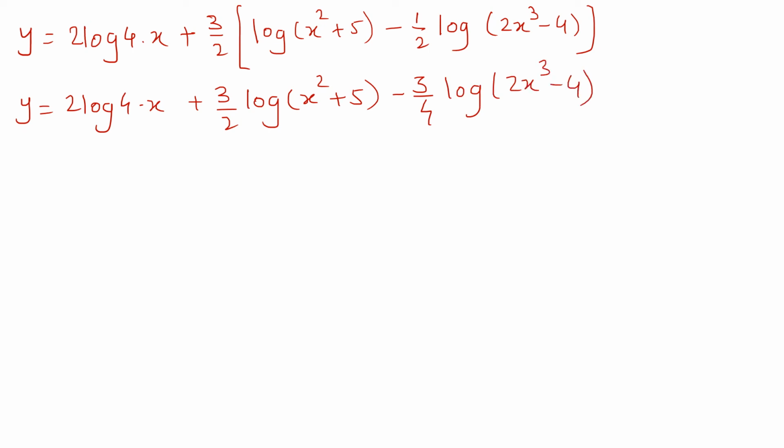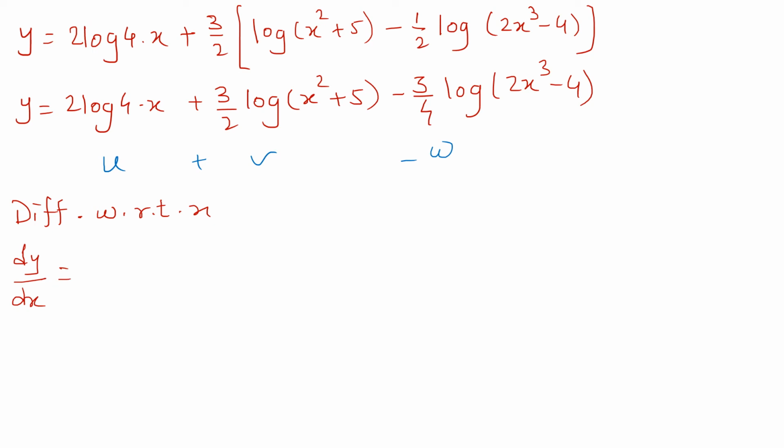Now this is what I am differentiating. For differentiating, this may be treated as u plus v minus w, and differentiation of each term can be done separately. So I start with differentiating with respect to x. Left hand side is simply dy by dx.